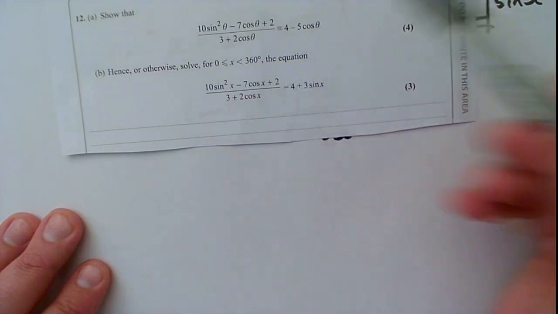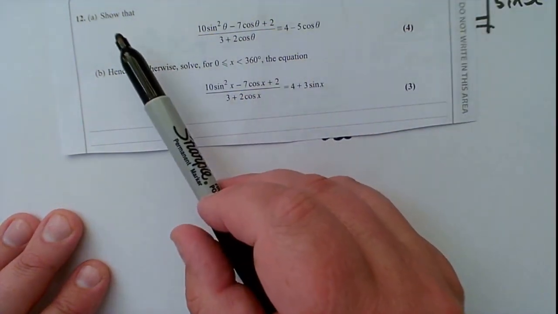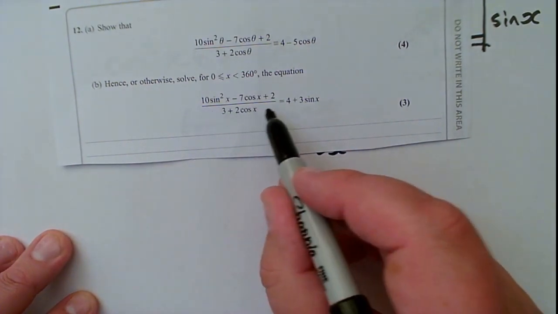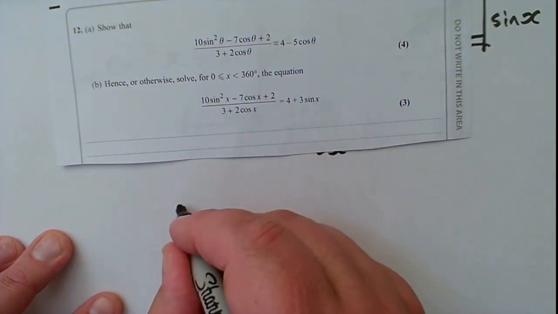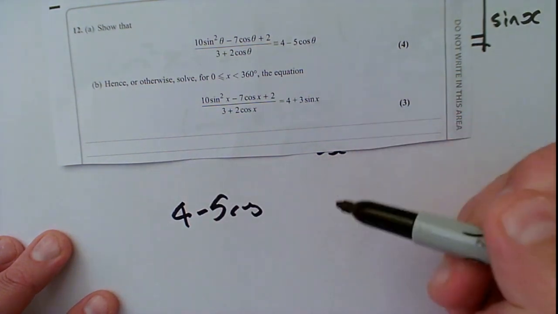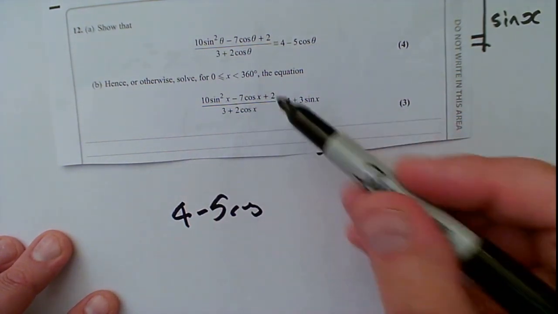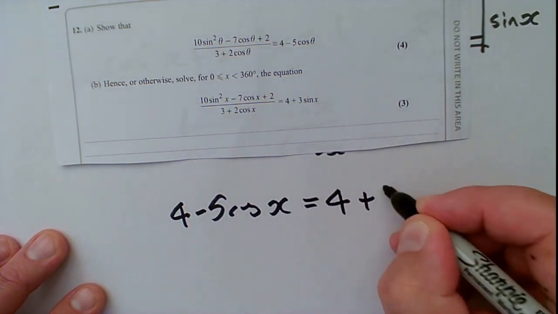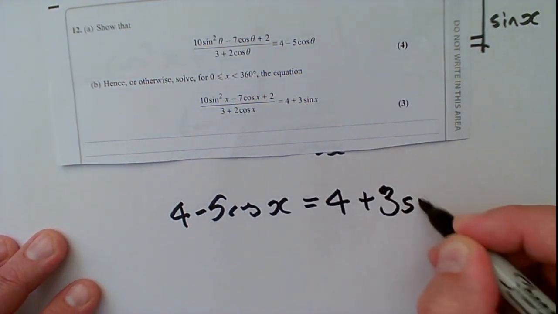But anyway, you were thrown a lifeline as well, because you've got to show that question. So that means that you can start to rewrite that equation as 4 minus 5 cos theta, it doesn't matter, we're going to call it x, and that would be equal to 4 plus 3 sine x.